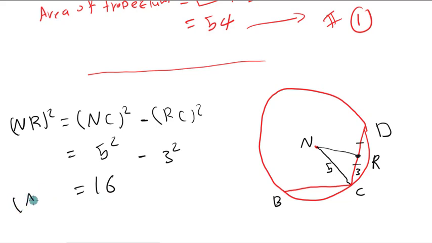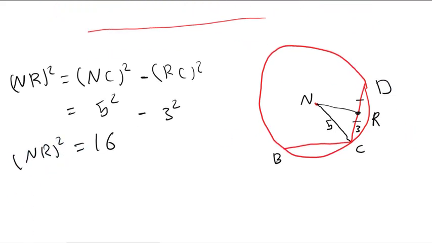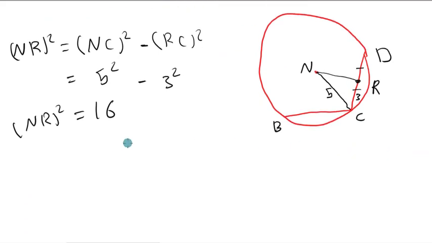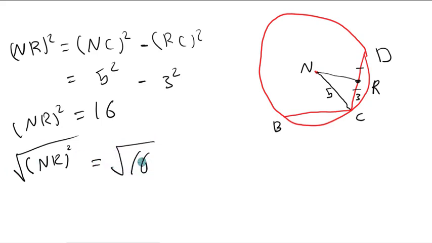So NR squared equals 16. Taking the root of both sides, NR equals 4.